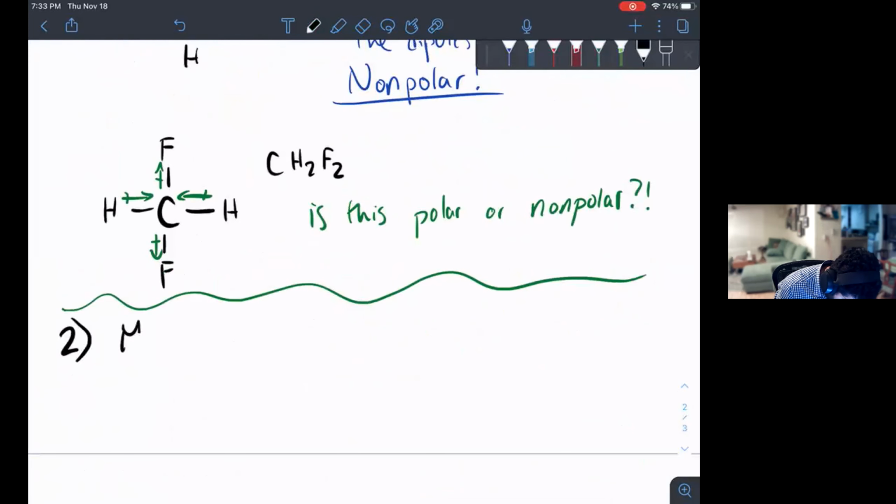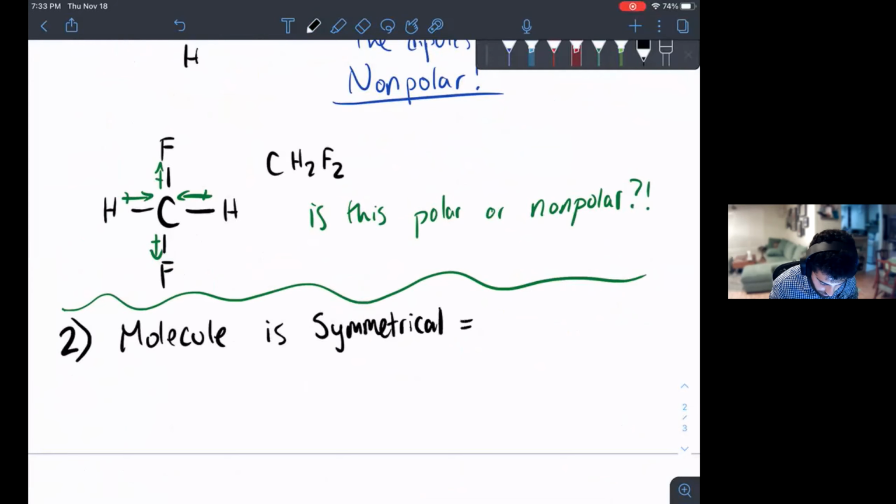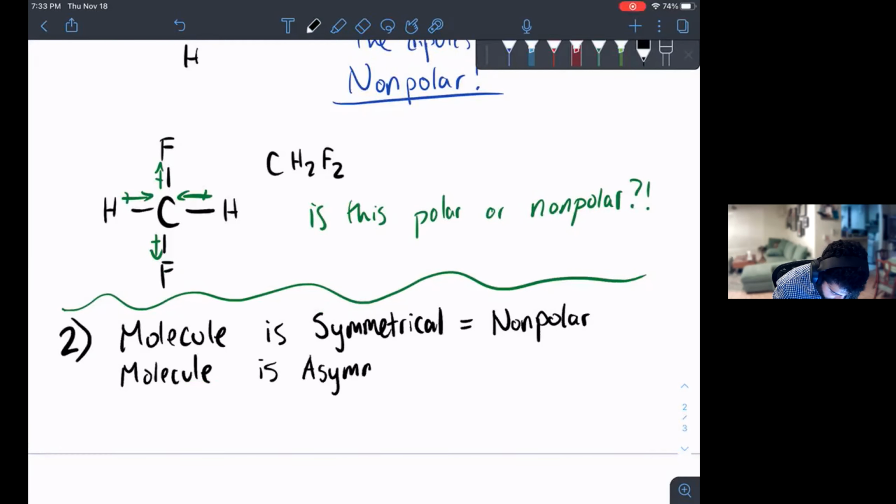If a molecule is symmetrical, it is going to be nonpolar. If a molecule is asymmetrical, meaning not symmetrical, it is going to be polar.